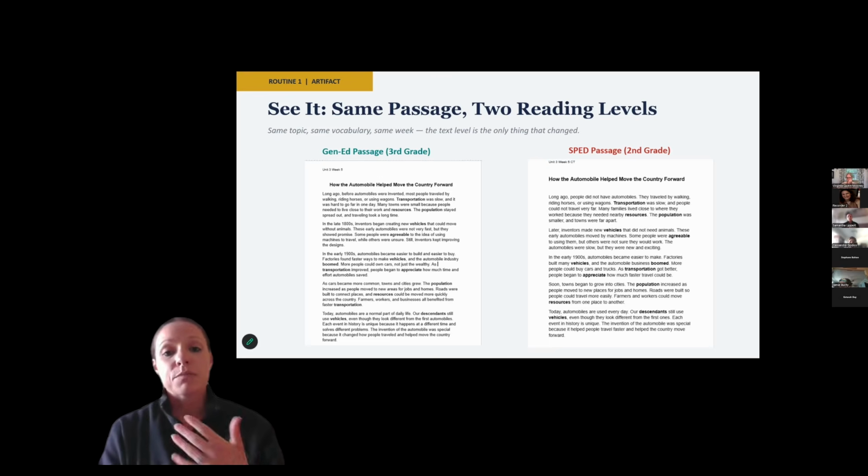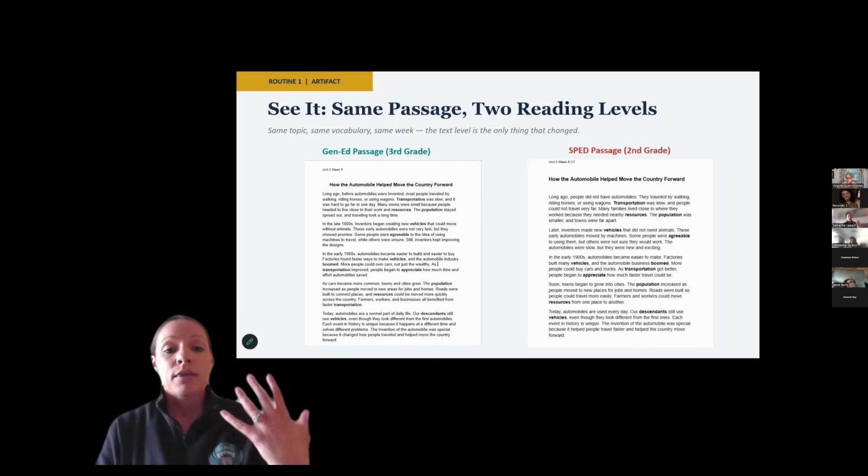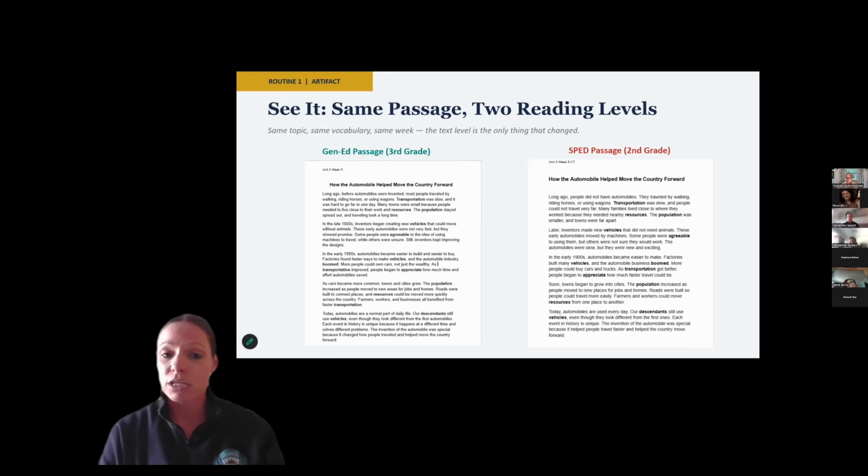The only difference between these 2 passages is that we dropped the reading level to put it at a more decodable place for that sped group, which is more on the 2nd grade level, which is what their IEPs were identifying they were reading at. So the content's the same, the information's the same. The vocabulary stayed the same. We just dropped the reading level for them.